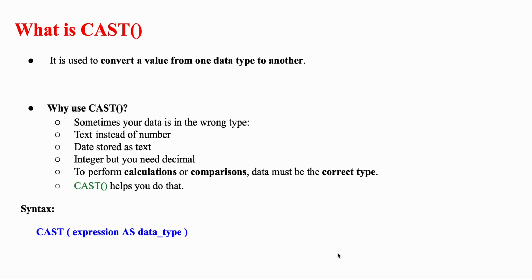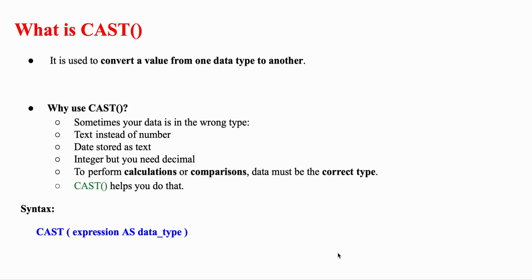Let's talk about the cast function. This is a really handy tool when you need to convert a value from one data type to another. For example, sometimes your data is stored as text, but you need it as a number to do calculations. Or maybe you have an integer, but for your report, you need it as a decimal.